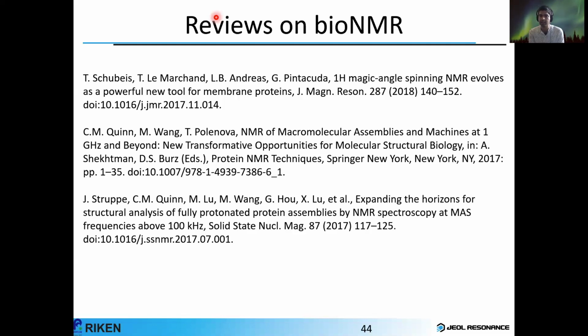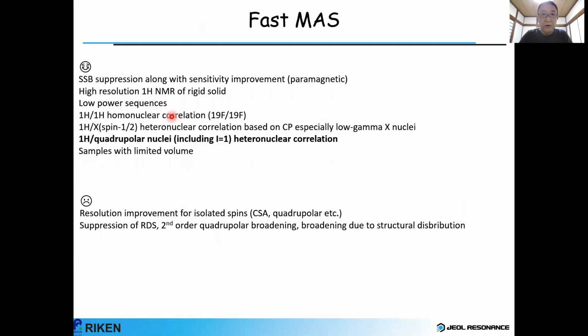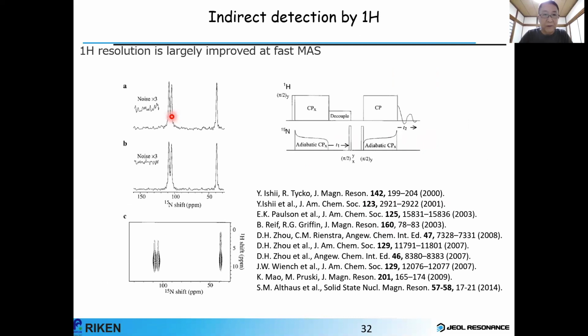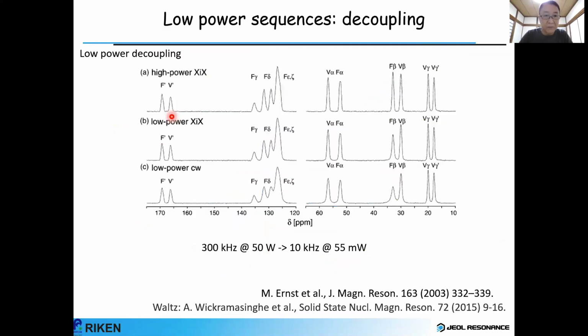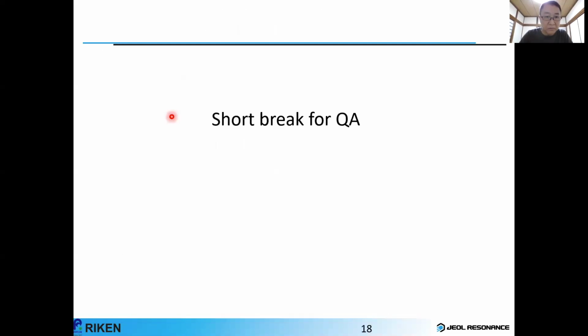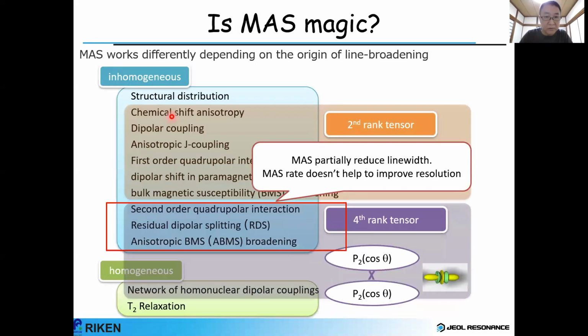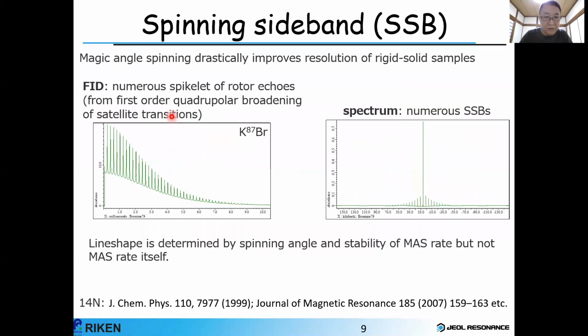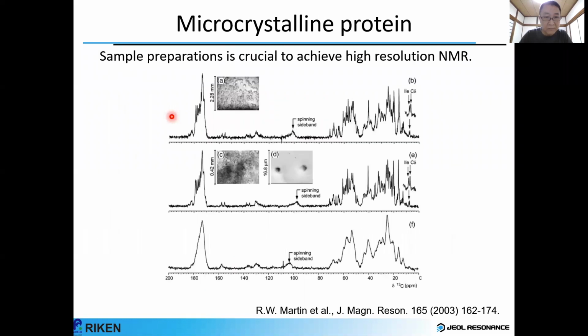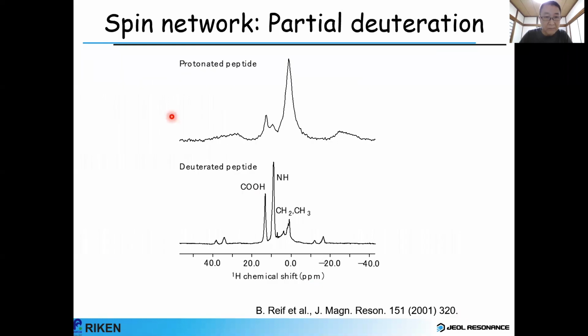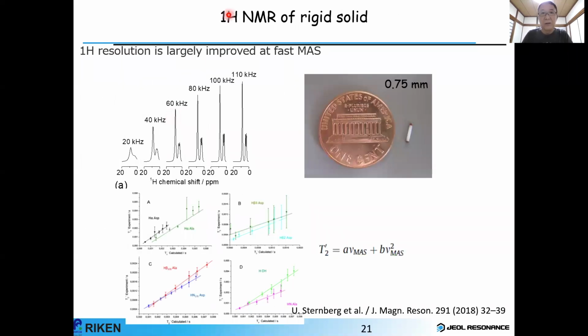Yeah, that's interesting. For the relationship to the spinning frequency, as I mentioned here, it is not just a linear relationship, but there is a report of a quadratic relationship.